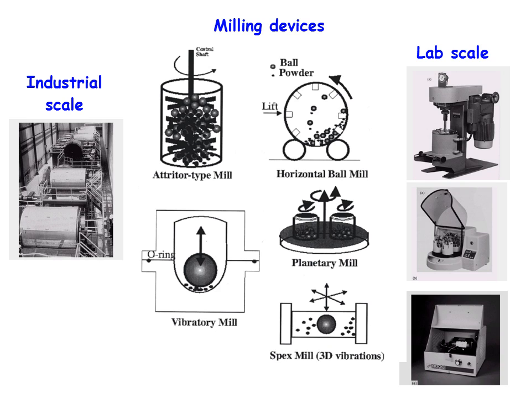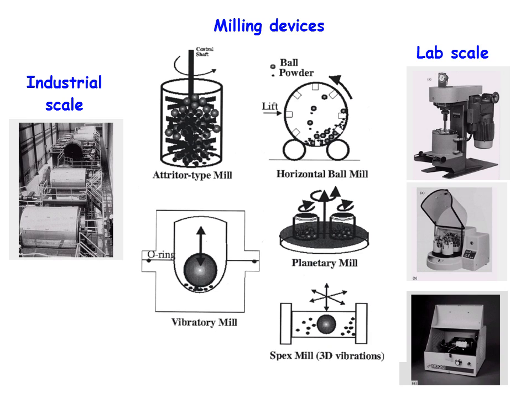So we have different devices, such as this attritor type mill, which is like mill paddles which are turned around. You have horizontal ball milling, so you can see this is going to move, and these pieces here are going to make all the balls and the grains interact. Vibratory mill, so this is moving up and down, and the ball smashes the powder.